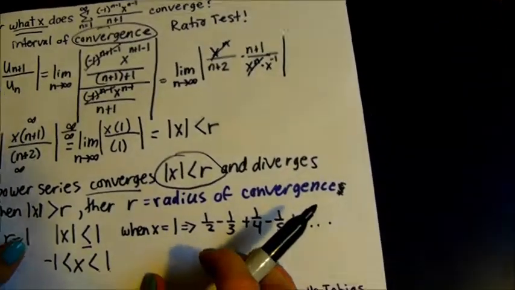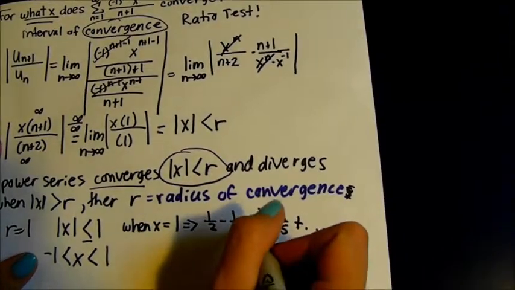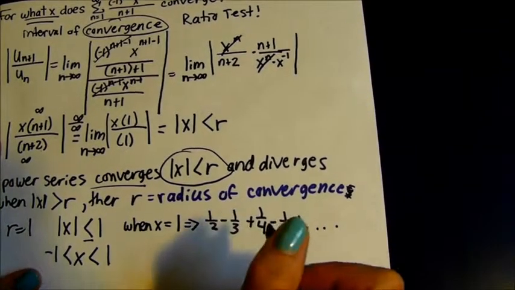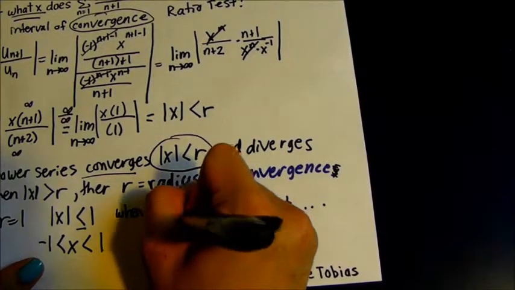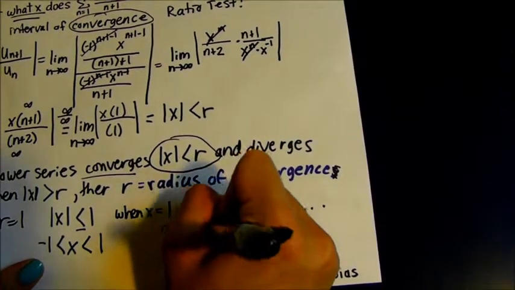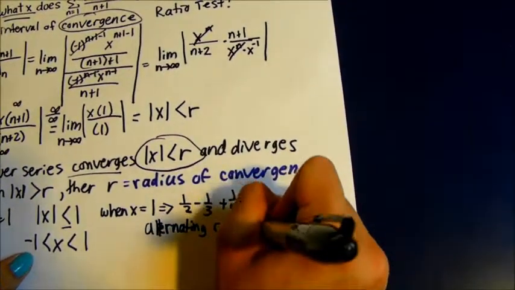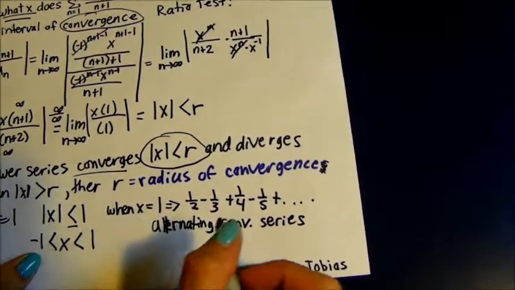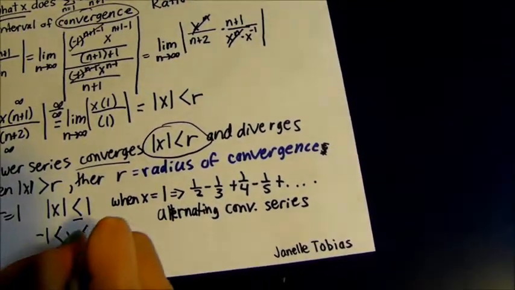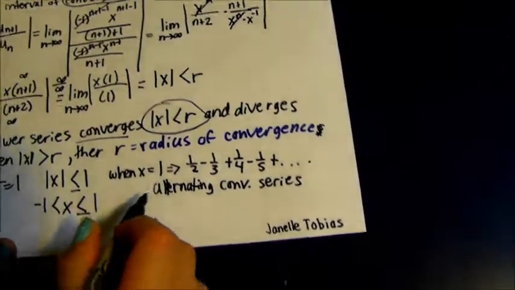And what this series shows is that it is an alternating convergent series. So therefore at x equals 1 it is convergent, so x is less than or equal to 1 there.